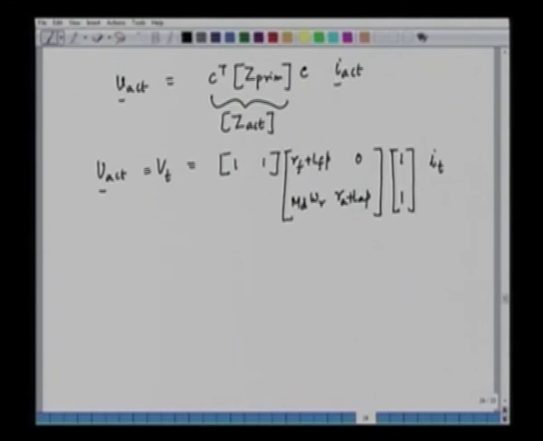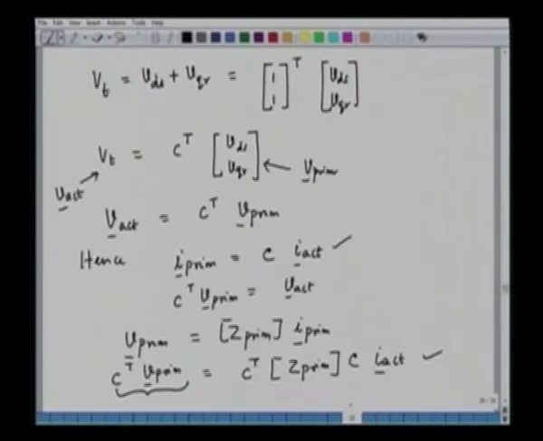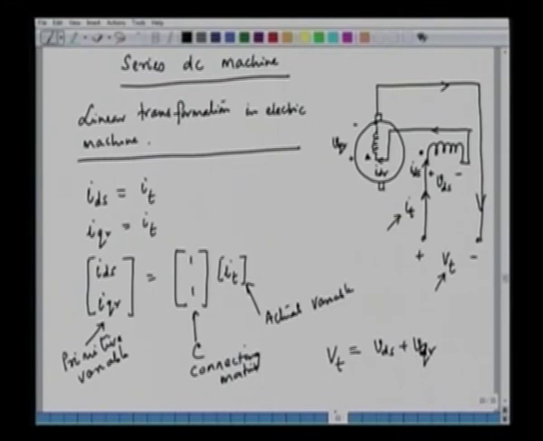Now in this case, if you go back to the previous slide, you will see here that in the stator we can say that RDS is equal to RF. This is the field winding. All right. LDS is equal to LF.